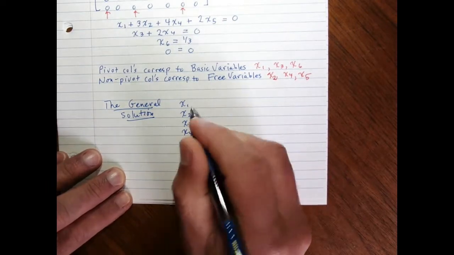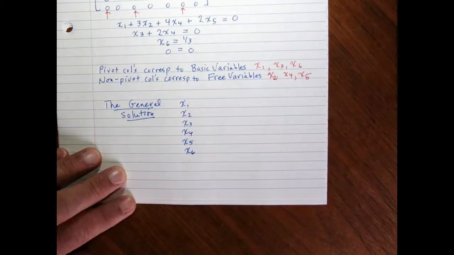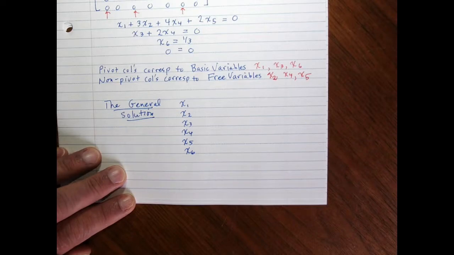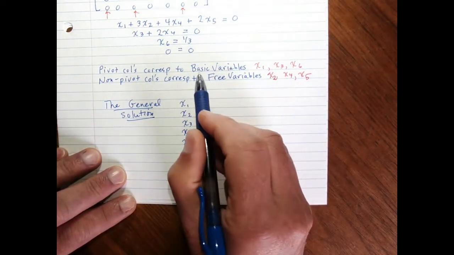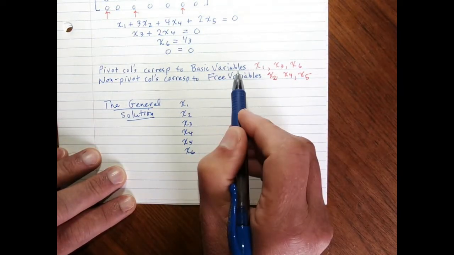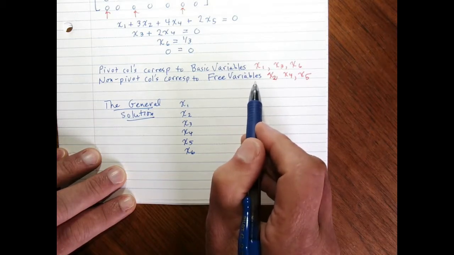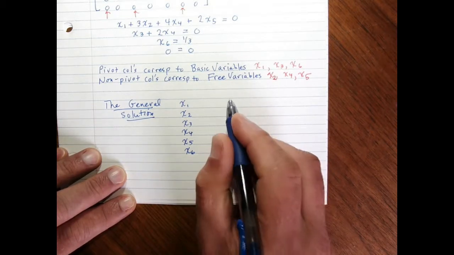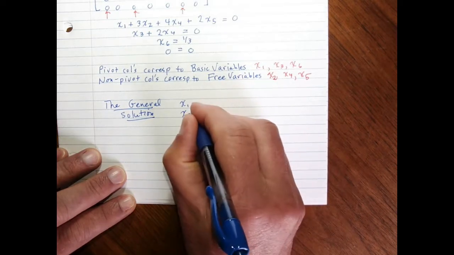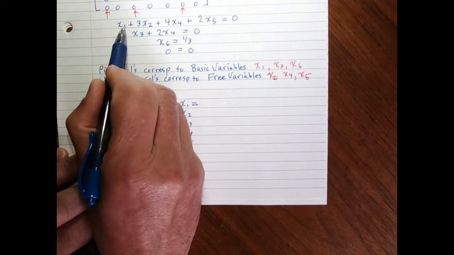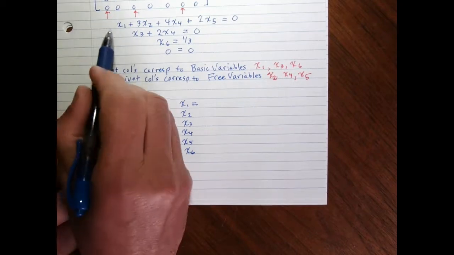All right, so for the general solution we want our variables lined up in this way. Each of the basic variables can be expressed in terms of the free variables. So for each basic variable, like x1, we're going to take an equation and isolate it.